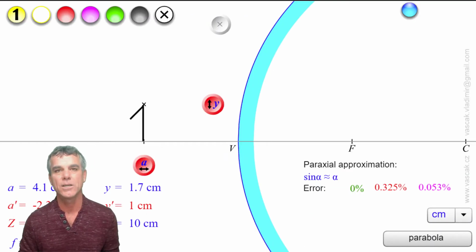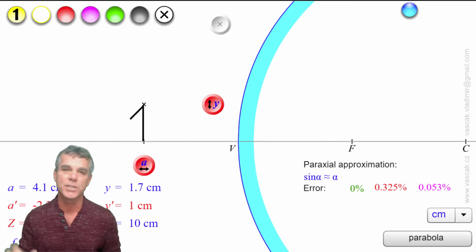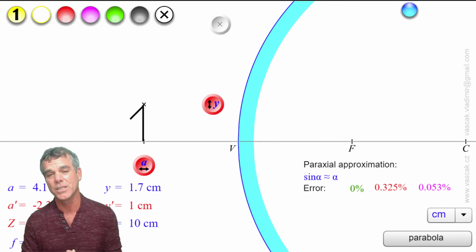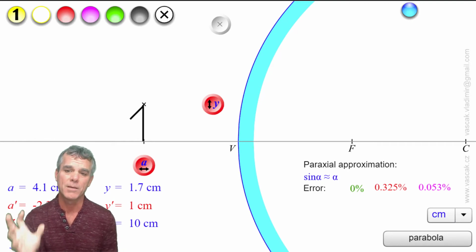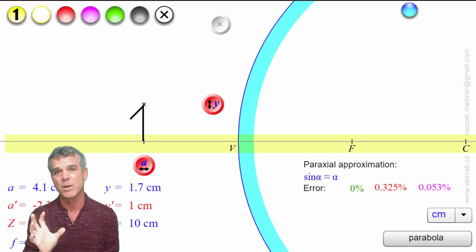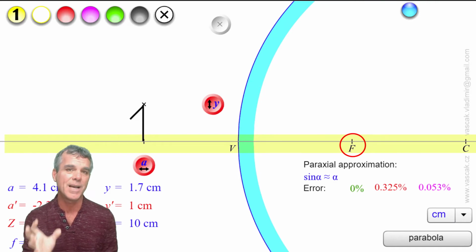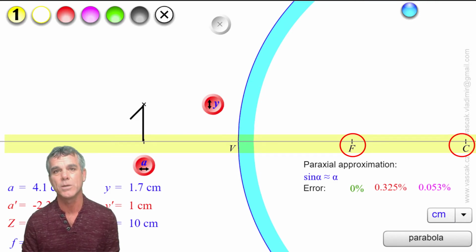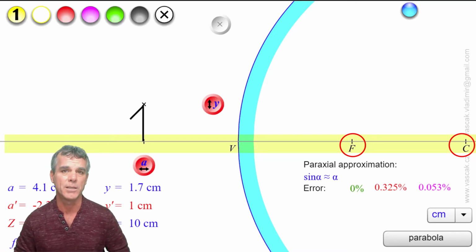Let's now take a look at ray tracing in action for a convex mirror. In this simulation, I've got my convex mirror, I've got my central axis, I've got my focal point, which is located 5 centimeters behind the mirror, which means my center of curvature is going to be 10 centimeters behind the mirror.